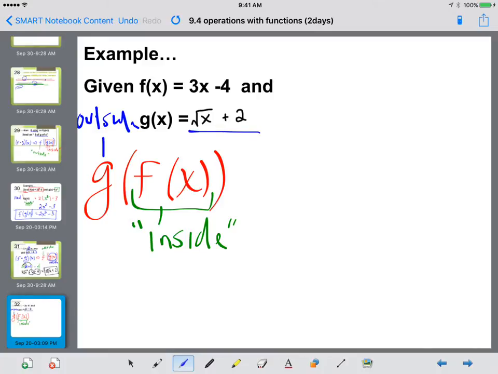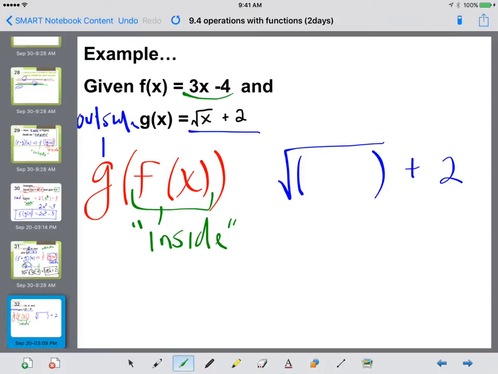So step 1 says I need to write the outside equation first. Well, I'm going to write the square root. I'm going to put parentheses inside here. There's my space. I've got plus 2 on the outside. So I write the outside equation first, and I leave space to plug in the inside equation.